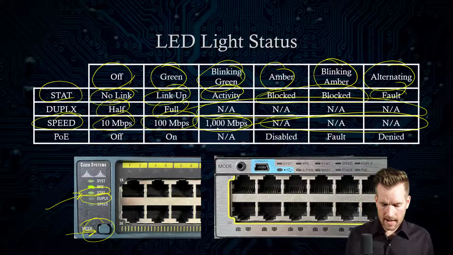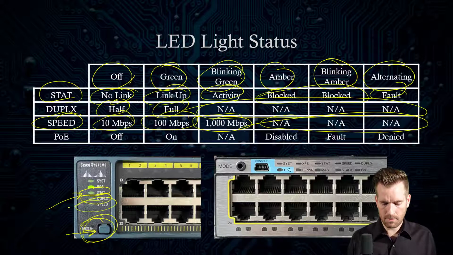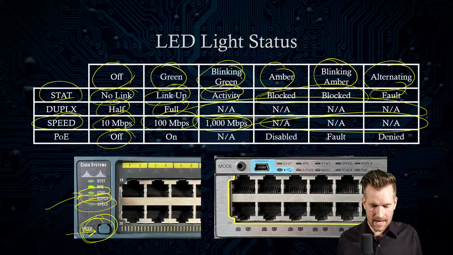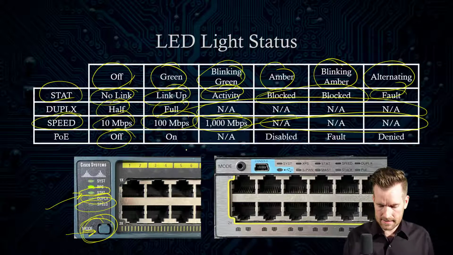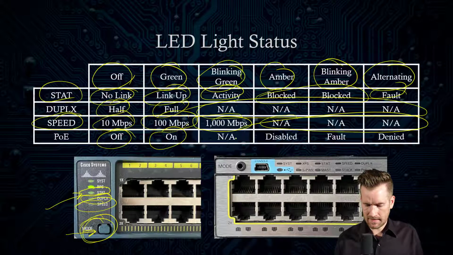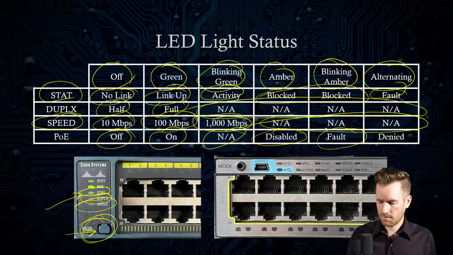And then we press the mode button once again, then it selects PoE, and if nothing is happening, that just means that there's no PoE device attached to it. If it is green, that means the PoE is on. If it's flashing, well, it won't flash green. If it's amber, it's disabled, and if it's blinking amber, then it's a fault.